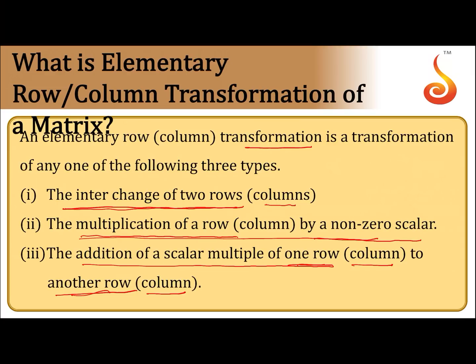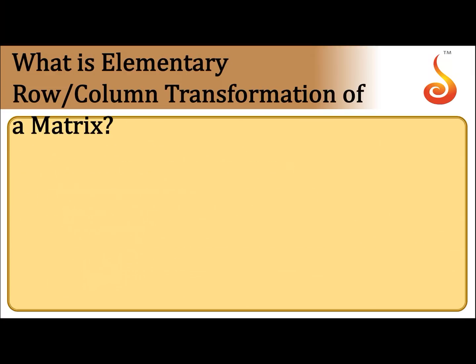To remember this, I would represent them symbolically like this, and it will be easy for you to understand. I would consider a matrix Aij of order m by n. The first elementary transformation is interchanging of the ith row and jth row, or any two rows.